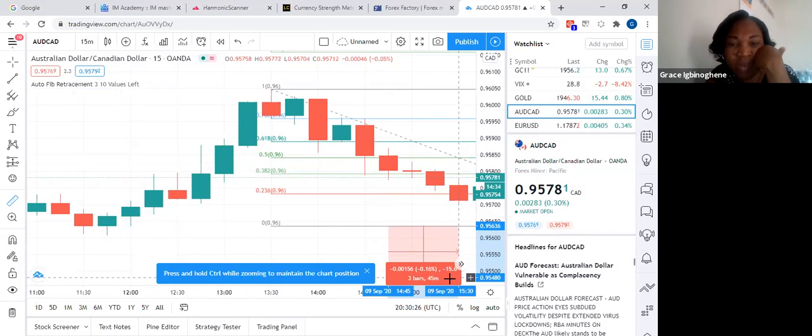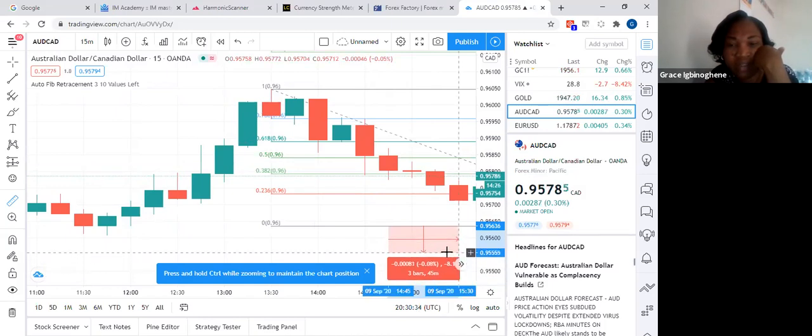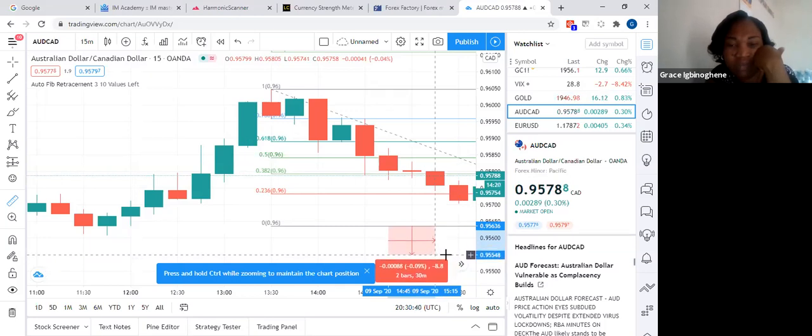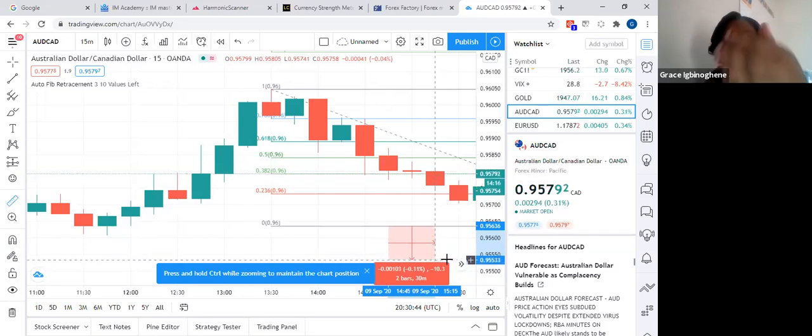I said I'm going to put my stop loss at 0.95550. Where is it? So that's about 7 pips. Risking 10 pips here, I'll take my stop loss at 0.95531.